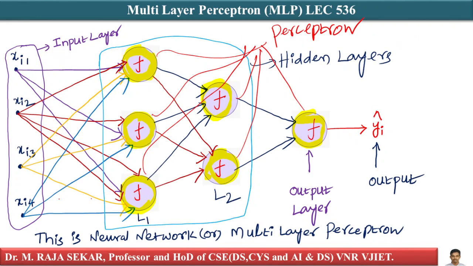For simplicity, let's call this layer 1, this layer 2, and this is the output layer. What is your output? You get the output y cap. So this is the structure of a simple multi-layered perceptron or neural network.